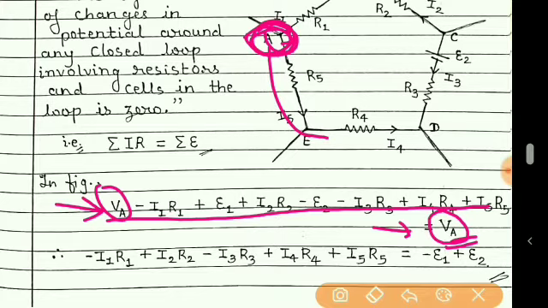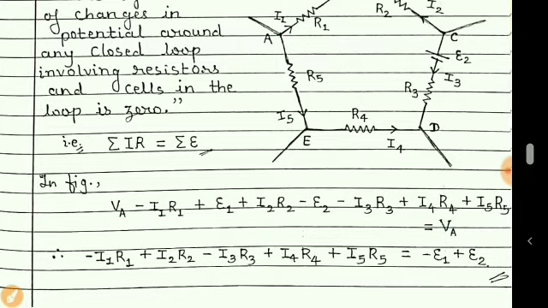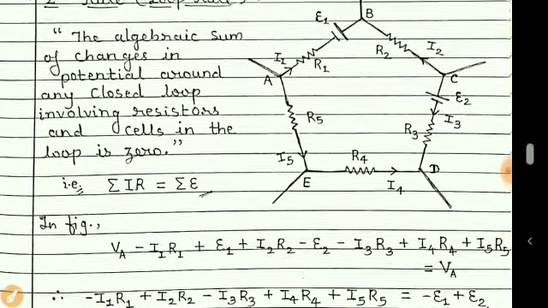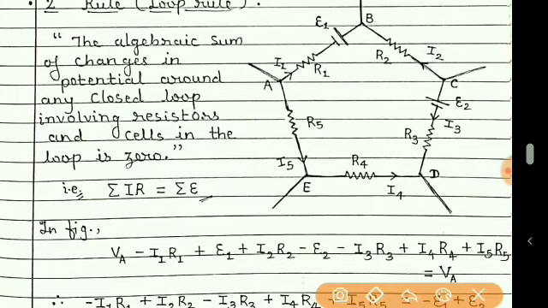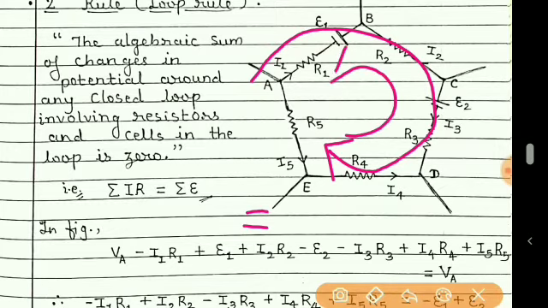So I hope you understood this process of applying positive and negative signs for the terms IR and the term epsilon. One shortcut method is like this: always put the equal to sign first, and then when we move clockwise or anti-clockwise, there is no restriction in the motion. You can move in a clockwise direction or you can move in an anti-clockwise direction.